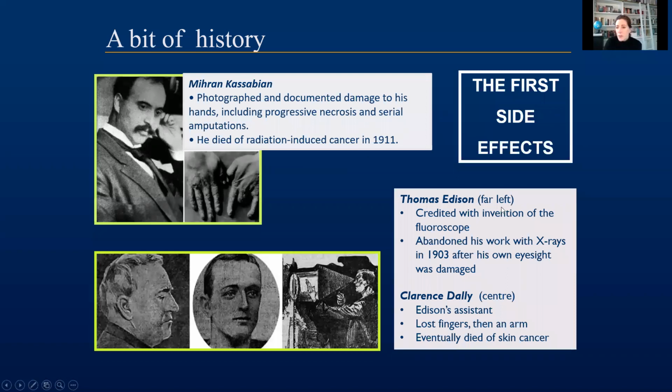Thomas Edison, who we all know invented the light bulb, realized that it was damaging his eyesight, and his assistant eventually also died of skin cancer and also lost fingers and an arm. So these people were pioneers, but they certainly paid the price, and it was the start of people realizing that radiation was not harmless.